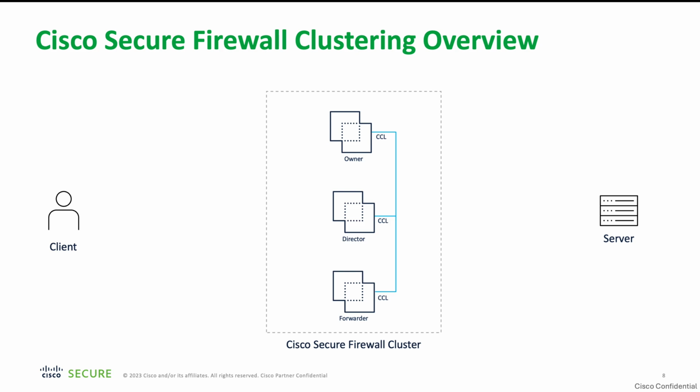And finally, the forwarder is another node which handles the redirection. If it receives packets for a connection it doesn't own, it asks the director who the owner is and then forwards those packets appropriately. Once it learns the path, it continues to redirect future packets to the right node without additional lookups.